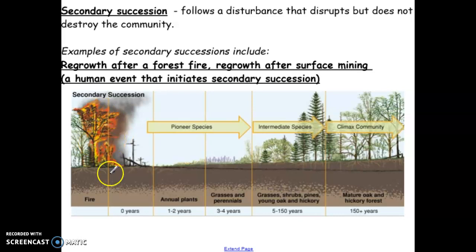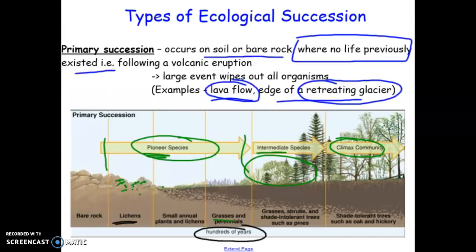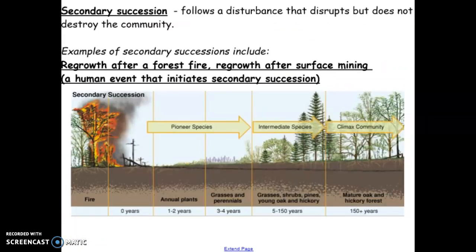Now, the main difference between primary and secondary: primary has no life in this rock or soil. Secondary is something that has life that was there before the event. So imagine a forest fire. There were living things. This soil already has nutrients.